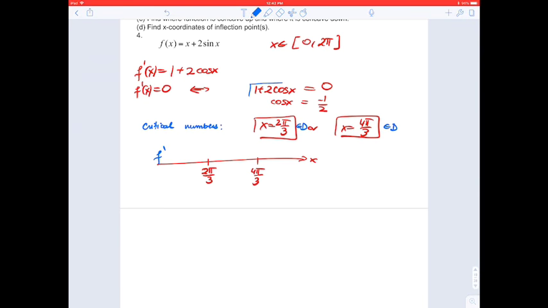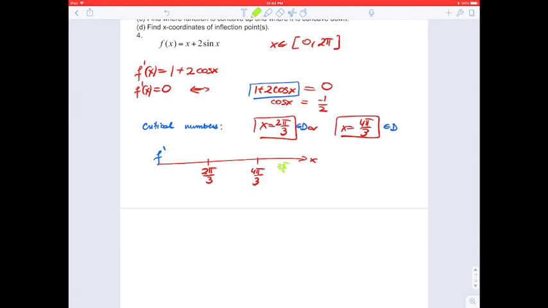Okay. And we will test the sign of the first derivative. That's my first derivative. Let's take the test values. I will start as always from the back side.